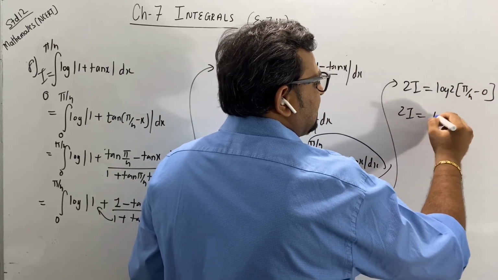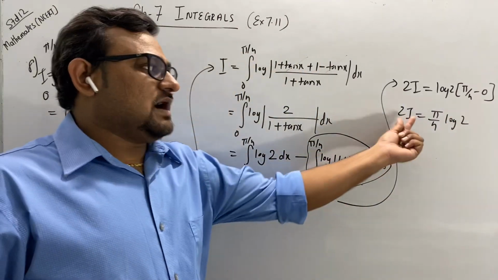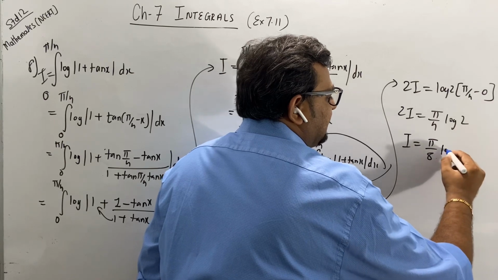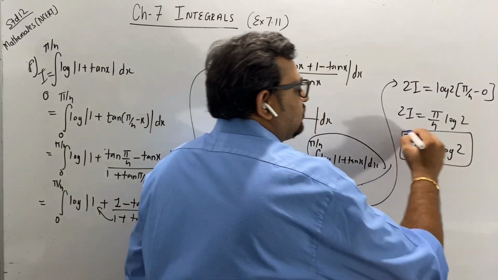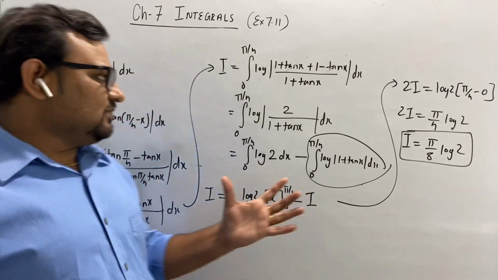So 2I equals pi by 4 log 2. So I will be equal to pi by 8 log 2. Clear?